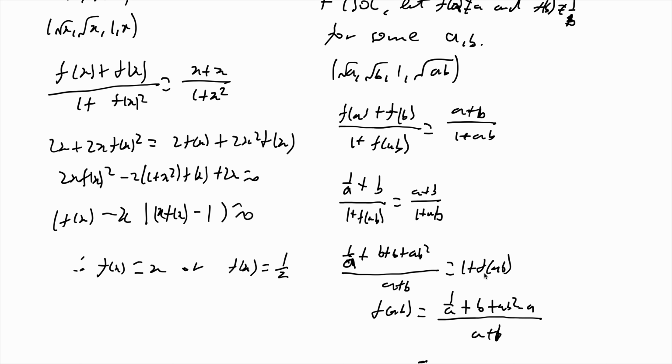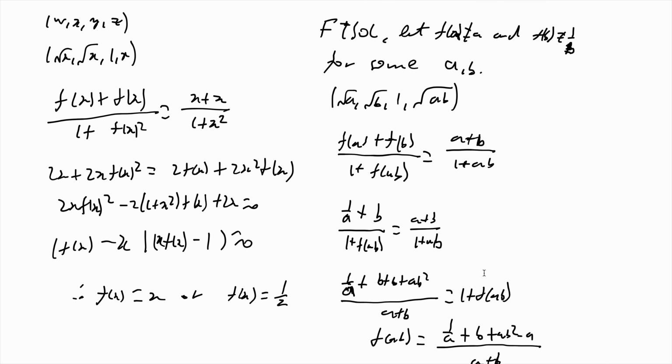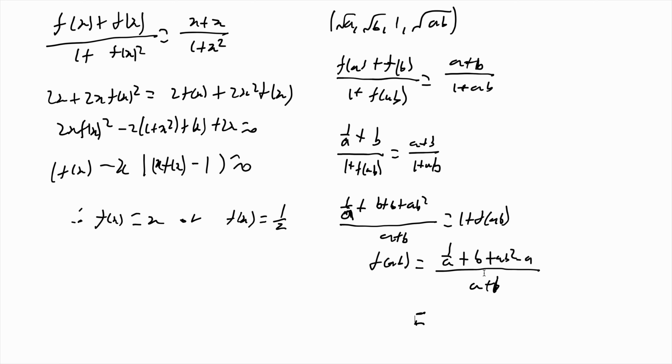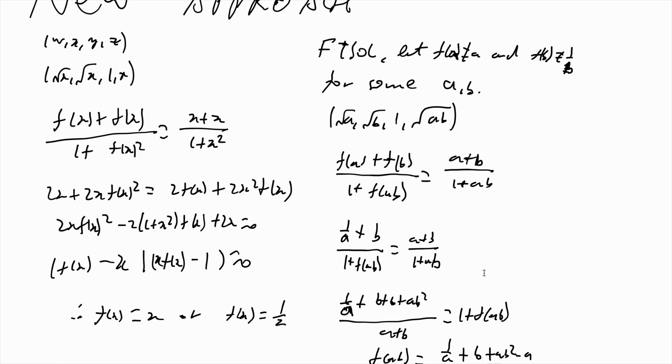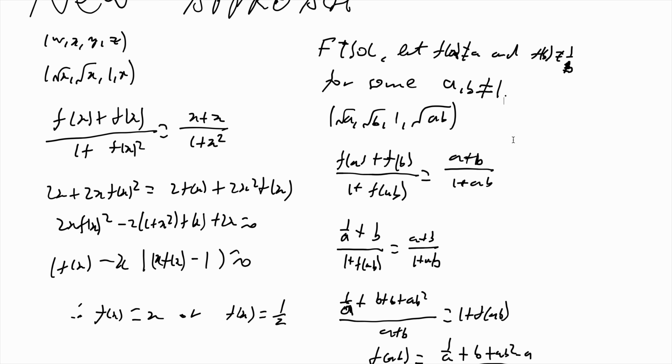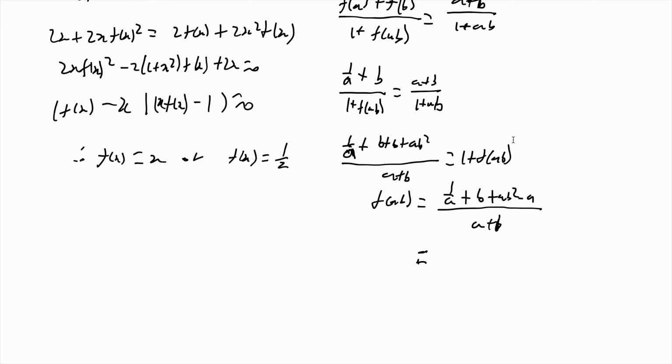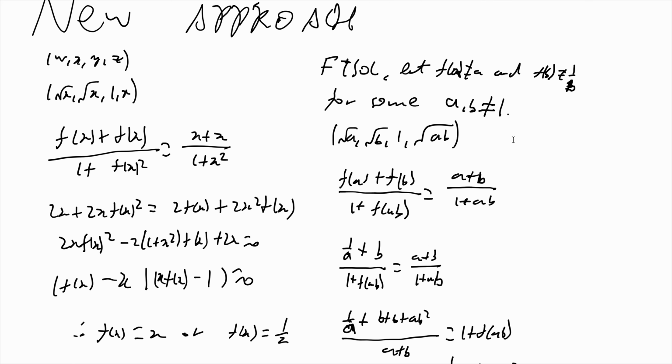Okay then. For some a and b not equal to 1, we somehow need to force that a and b equals 1. That way we get a contradiction.